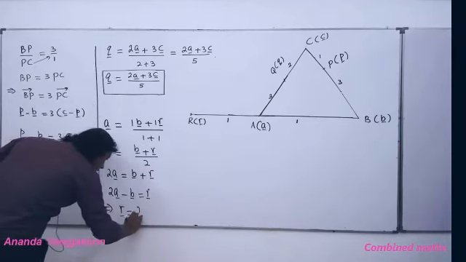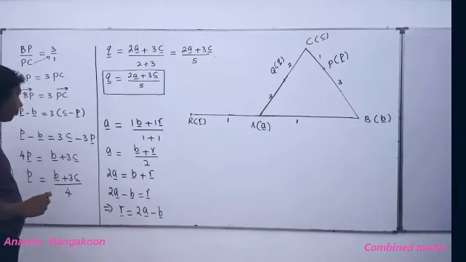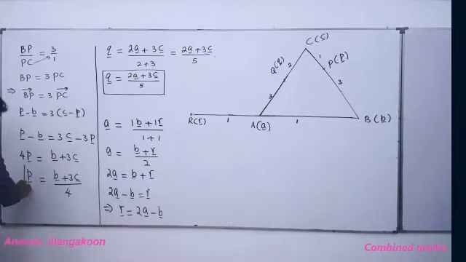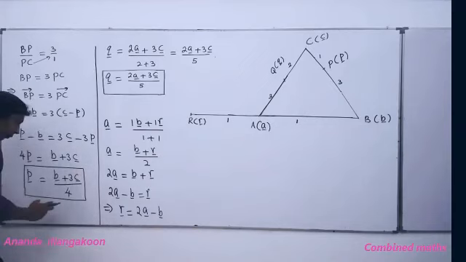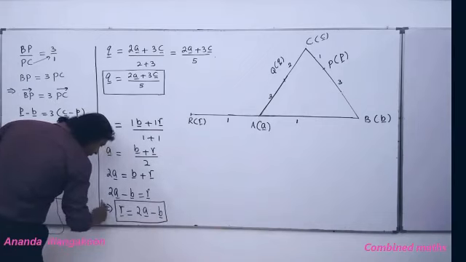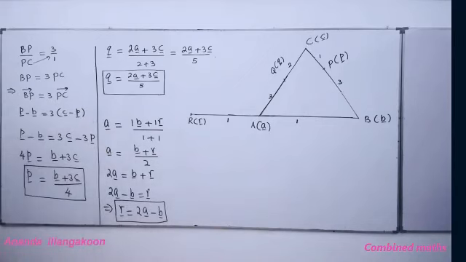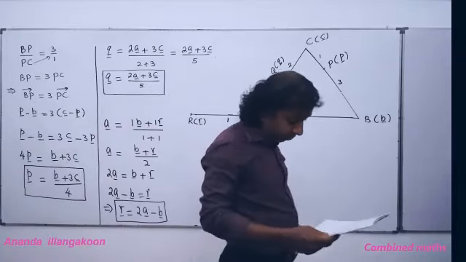Simple r vector is equal to 2a minus b. These three vectors we found, people, right? I think you can very clearly understand that.